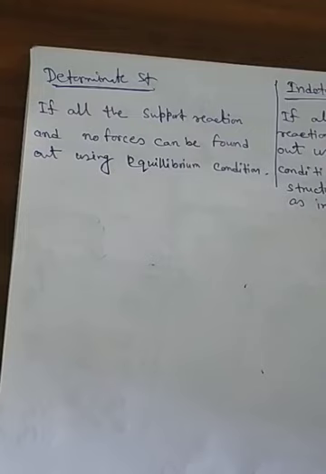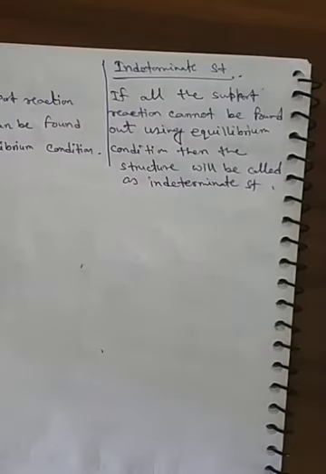Okay, so here are some properties of determinate and indeterminate structures. In case of determinate structure, to analyze, the material properties and cross-sectional properties are not required. But in case of indeterminate structure, to analyze we need an additional equation known as the compatibility equation.